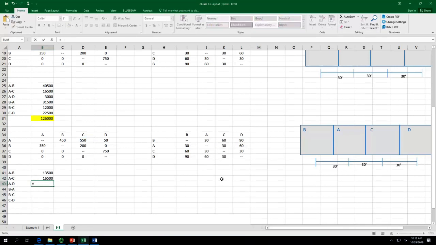Can we do 80? So 80 is 50. And look at the distance A and D. So here is A and D, it is times 60.